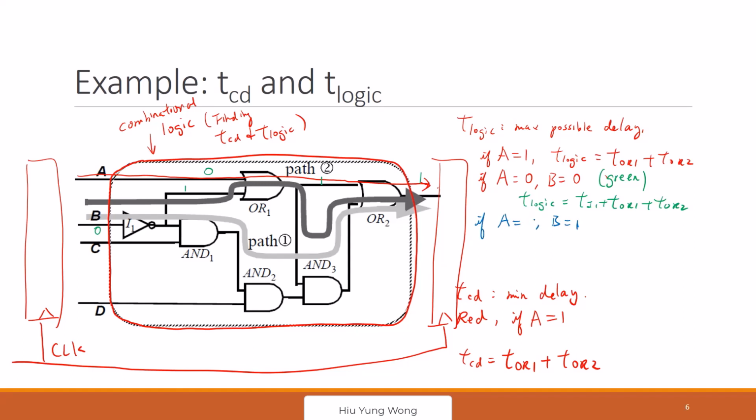We cover all the possible cases. It means C and D can be anything else if I can conclude from here. If B equal to 1, then it means this is 0, right? Now then A is 0. It means this one is 0. Then it means what? It's going to depend on this path, right?